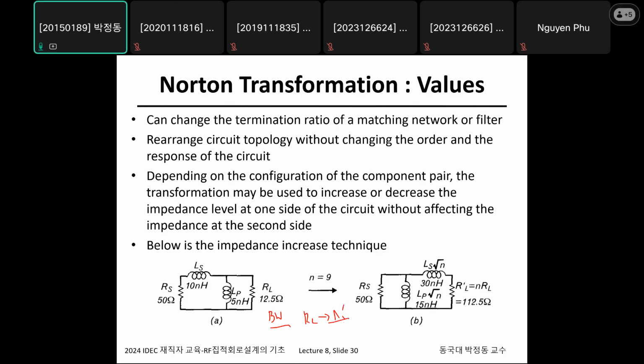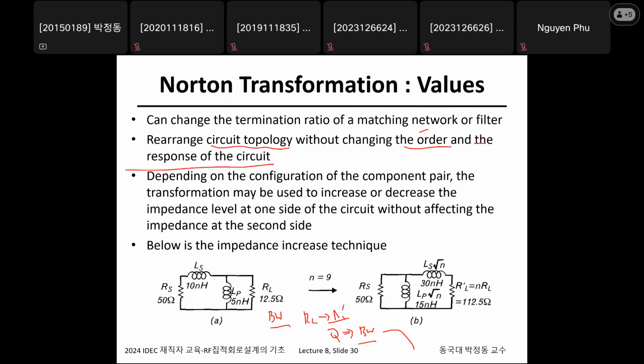If you just design without Norton transformation, then you might have a different quality factor Q, which means a different bandwidth and a different frequency response profile. So to avoid this, we may use Norton transformation. By using Norton transformation, you can rearrange the circuit topology without changing the order and frequency response of the circuit.